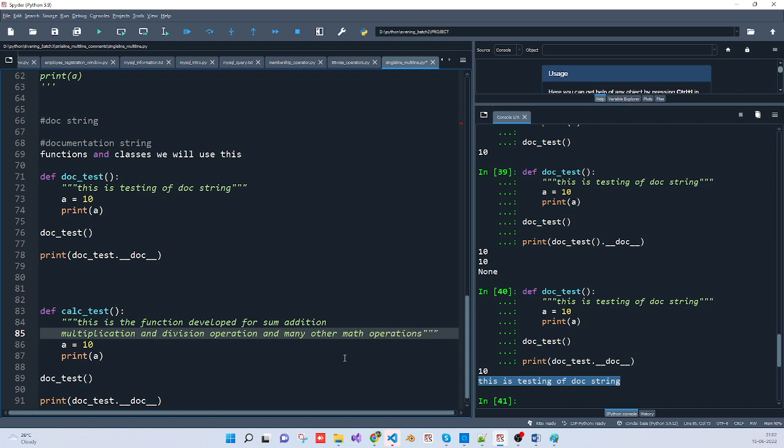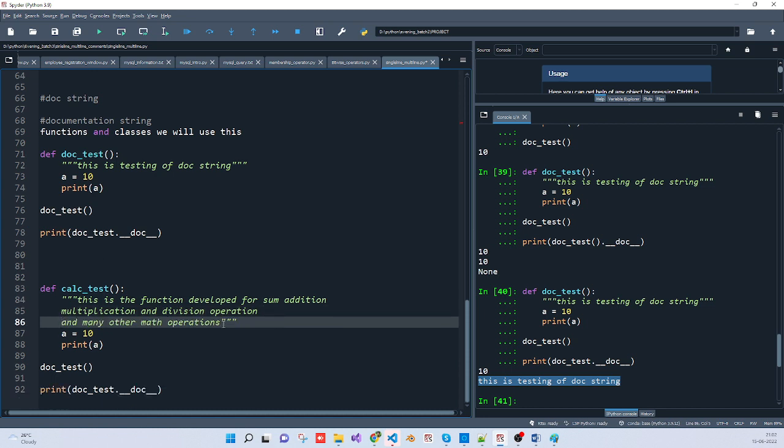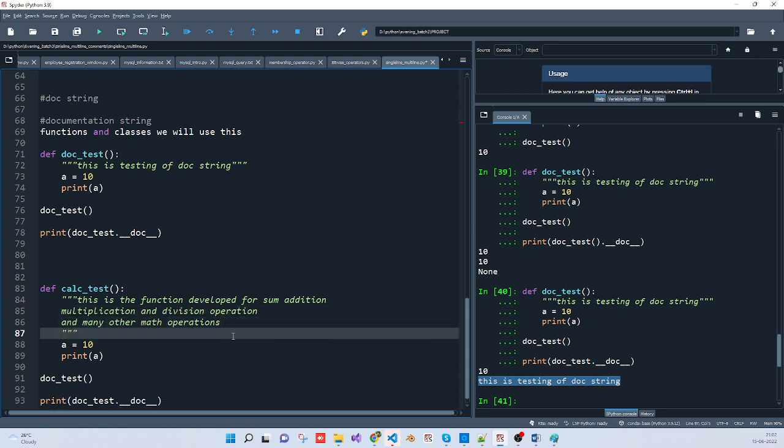Okay, got it guys? Like this, n number of lines you can write, there is no issue.